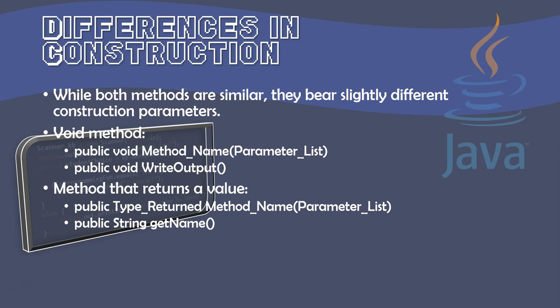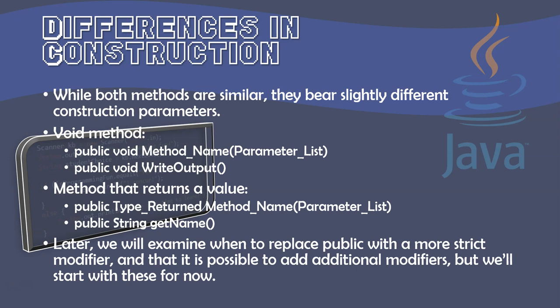Public, type returned, method name, parameter list. So for example, when we say public String getName, you'll notice that in here we don't have the keyword void anymore. Instead we have the type we want. So it's a String. If we wanted to get a date, for example, it would be public Date getFirstTry, if we had a method like that set up.